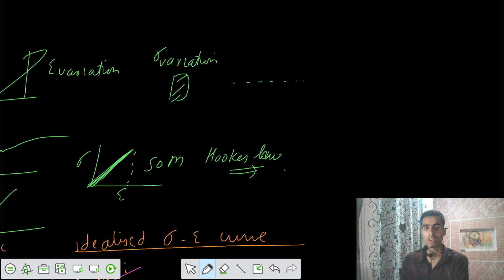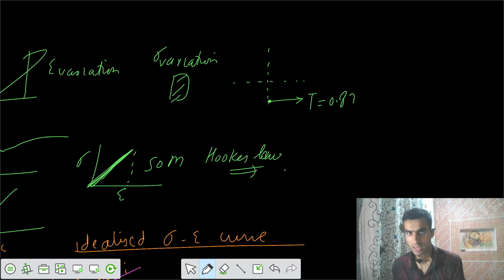So only at some particular depth there is some tensile force acting on the section. That's the resistance of the section towards tensile stresses, and that's all taken by the steel. There's some value of tension here.